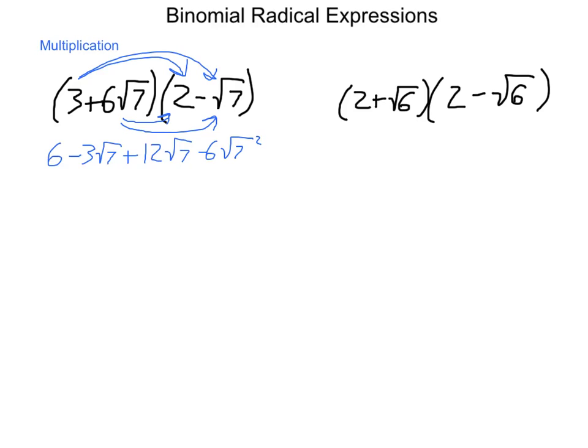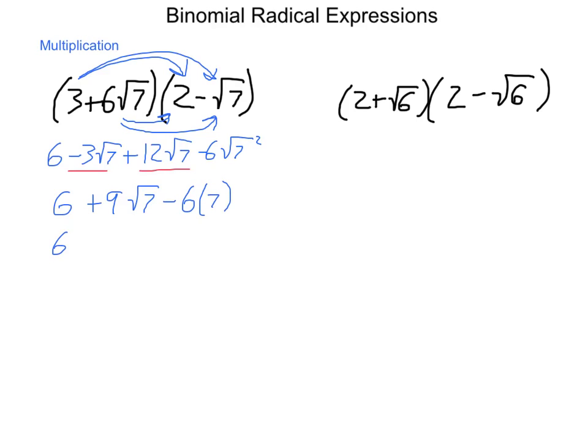Going through and combining like terms and simplifying, we have 6. Now, negative 3 root 7 plus 12 root 7 is positive 9 square root 7. Minus 6, the square root of 7 squared is 7.